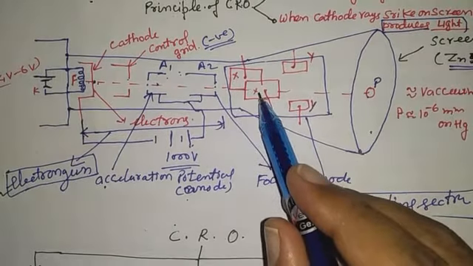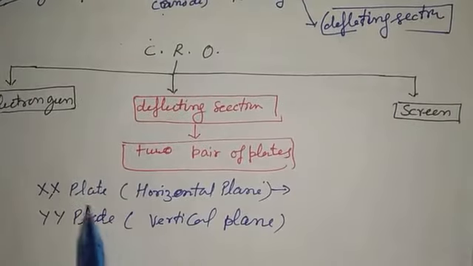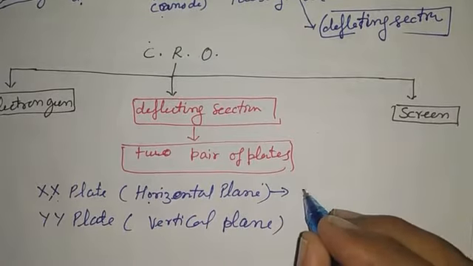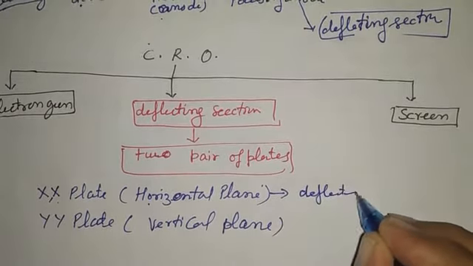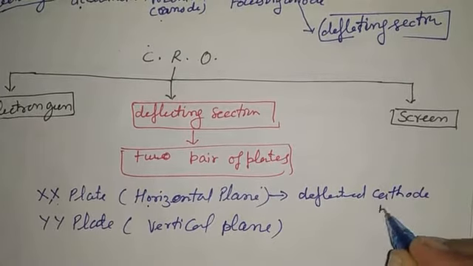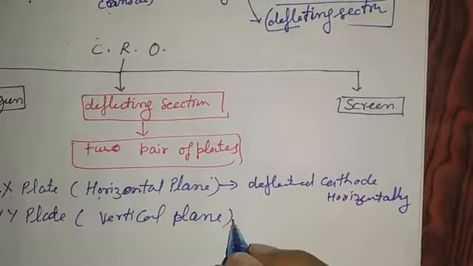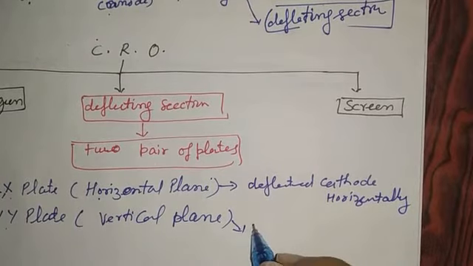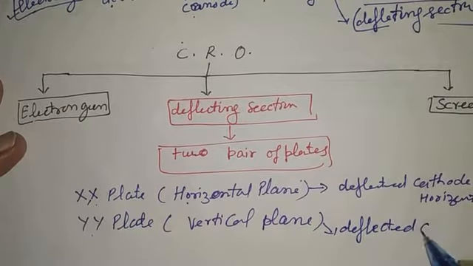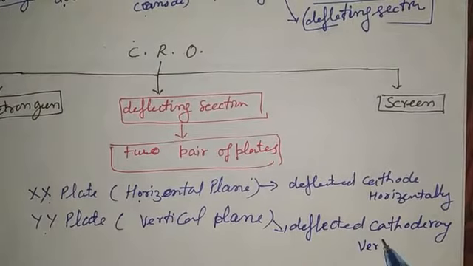This XX pair of plates, in a horizontal plane, deflects cathode rays horizontally, whereas the YY plate deflects cathode rays in the vertical direction.